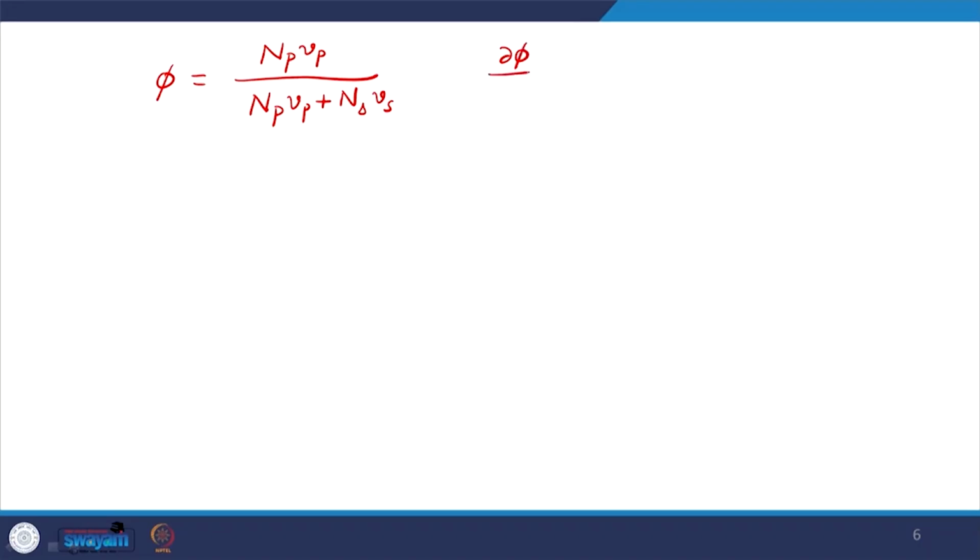So, therefore, ∂phi/∂Np will be equal to the denominator, NpVp plus NsVs, multiplied with the derivative of the numerator, that is Vp, minus the numerator multiplied with the derivative of the denominator.